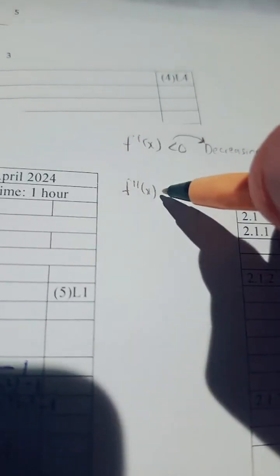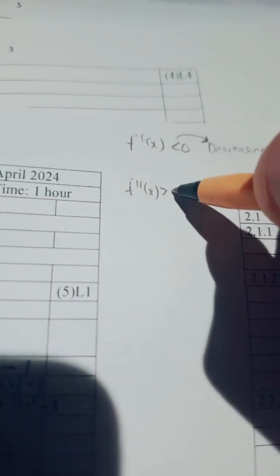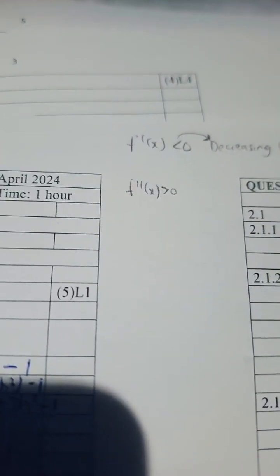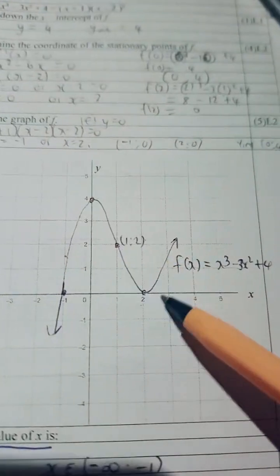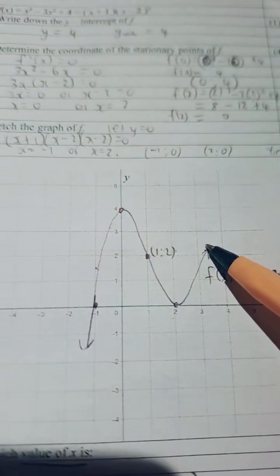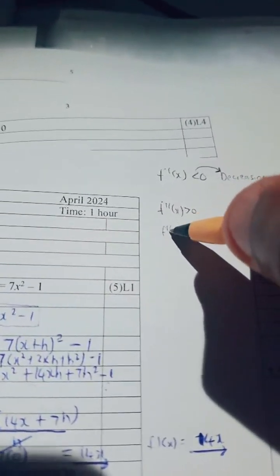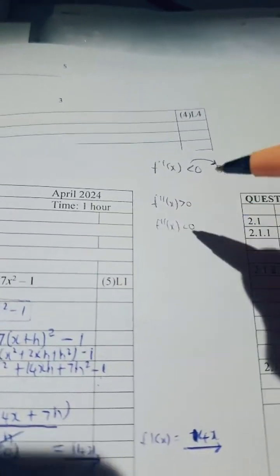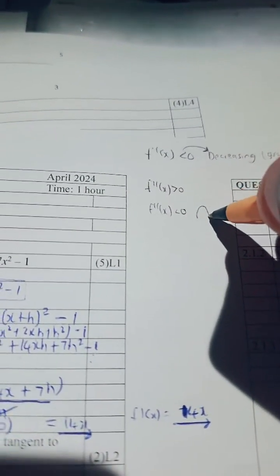So for instance, if you say f double prime is greater than 0, then you are saying positive, which means concave up. But if you say f double prime less than 0, then you mean concave down.